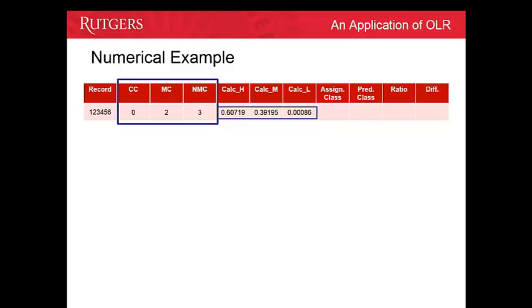When we look at this one, we look at the highest probability. In this case, it is 0.607. This probability corresponds to the high risk class, which means that this record is most likely a high risk case, and this is why the predicted class is considered the high risk class.